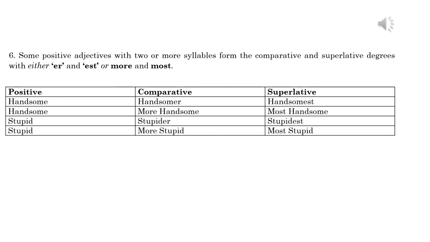Examples: positive, handsome; comparative, handsomer; superlative, handsomest; or positive, handsome; comparative, more handsome; superlative, most handsome; positive, stupid; comparative, stupider; superlative, stupidest; or positive, stupid; comparative, more stupid; superlative, most stupid.